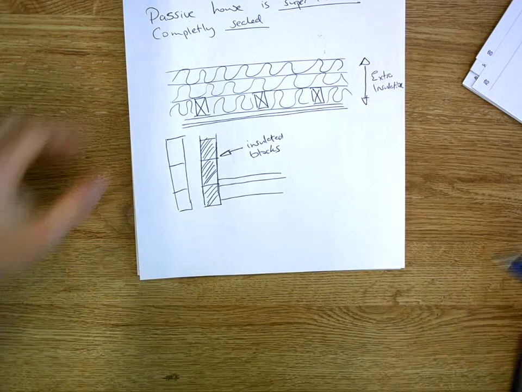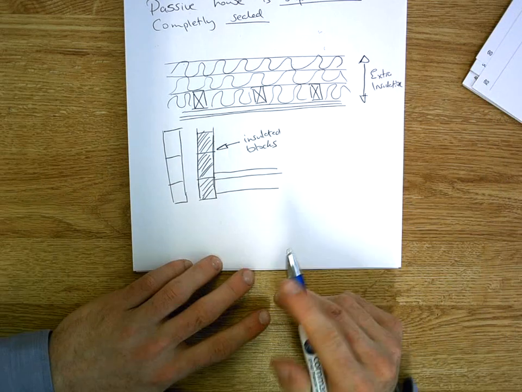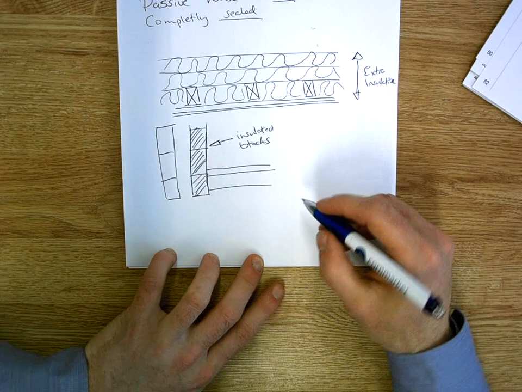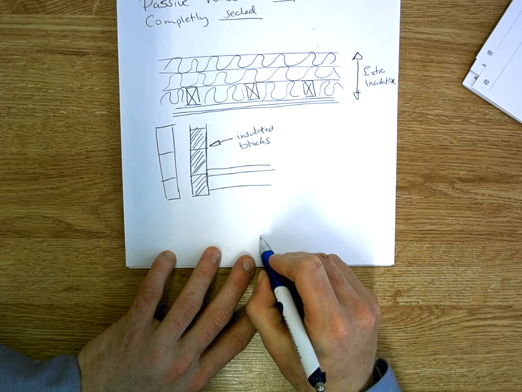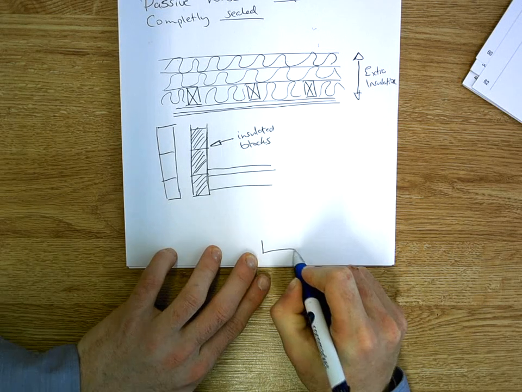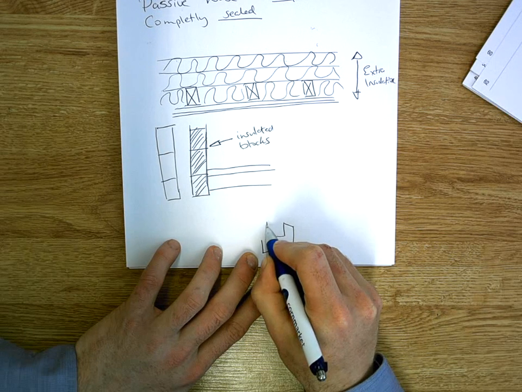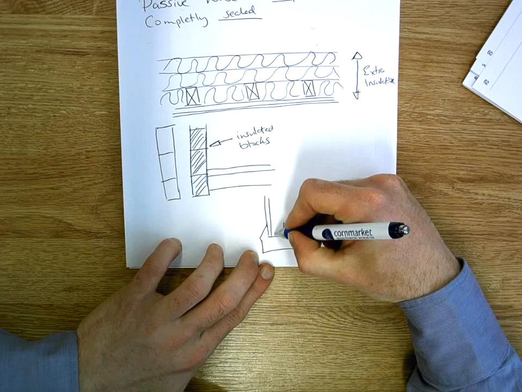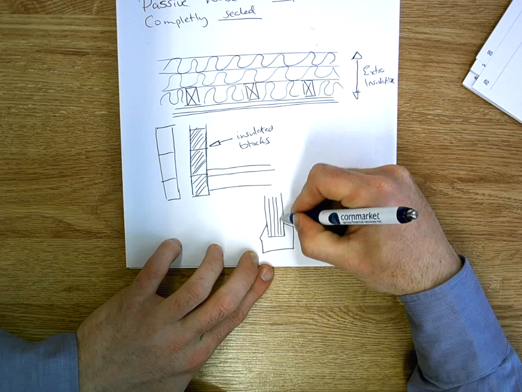Another area where you might have extra insulation is in the windows themselves. So on most passive houses you're going to have triple glazed windows rather than what would be your standard double glazed at the moment. That's a fairly easy sketch to draw. So what we'll draw is just the base of the window frame, and instead of our double glazing, we put in 3 glazes of glass and obviously a gap in between them for the gas that retains heat.